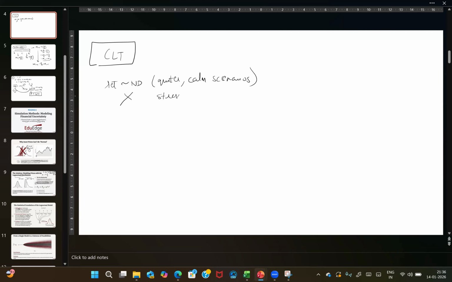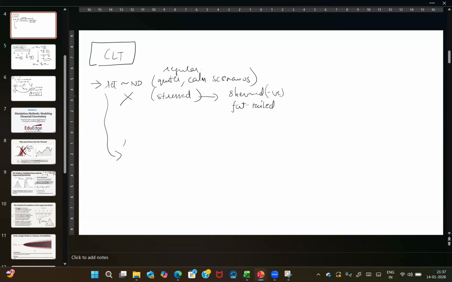So in stress scenarios, we should consider distributions which are heavily negatively skewed, ideally, and which are fat-tailed, which means the probability of seeing extreme tail events is higher than what the normal distribution suggests, right? So normal distribution returns are usually for regular, quieter, calm scenarios. But for stress situations, we generally cannot assume this because returns will not be normally distributed.